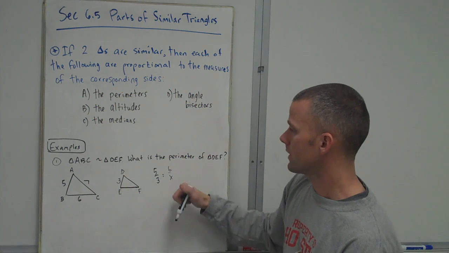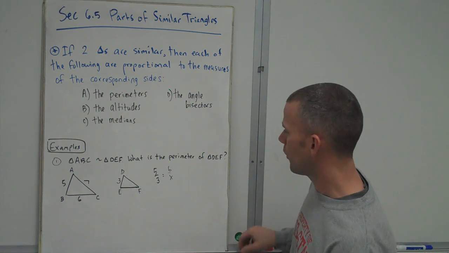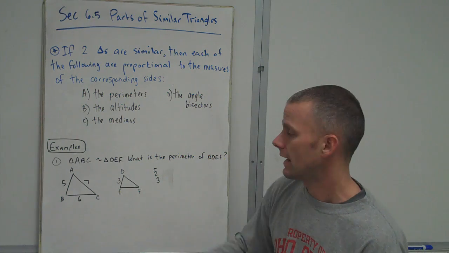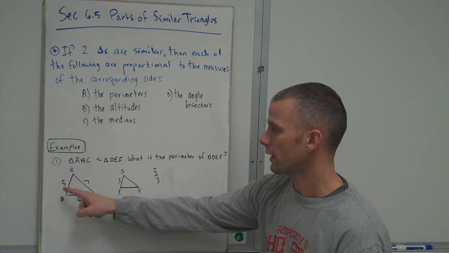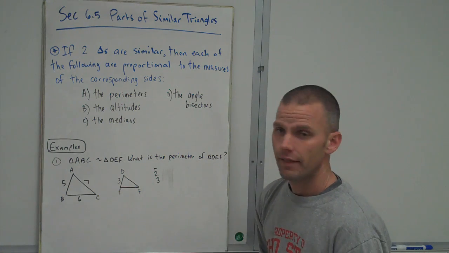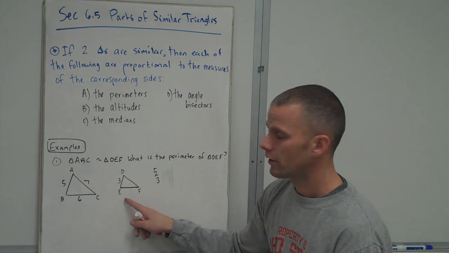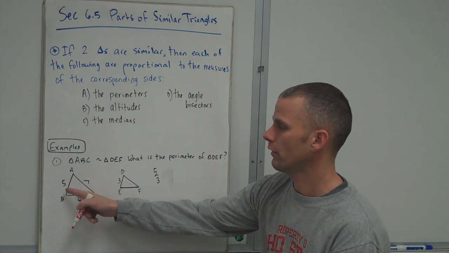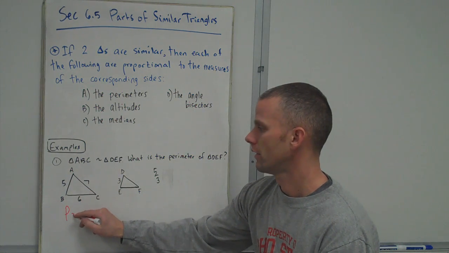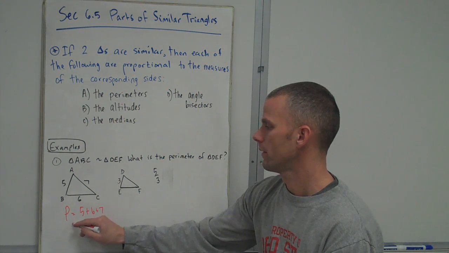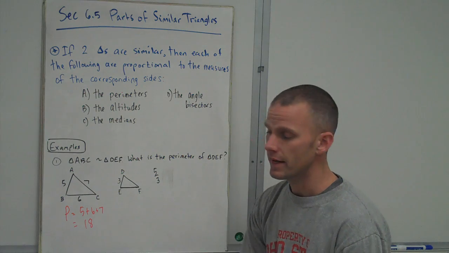The theorem tells us that if I know I've got similar triangles, and I've got a pair of corresponding sides that match up, so I've got my 5/3, then the perimeters of these 2 triangles should match accordingly. So if I find the perimeter, 5 plus 6 plus 7, that's going to equal 18.